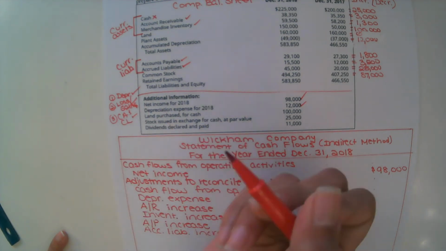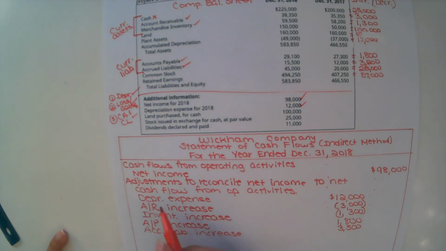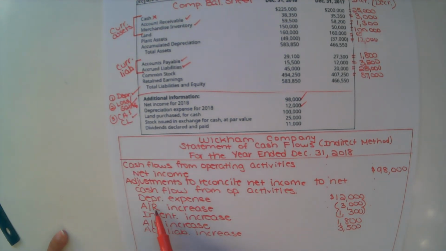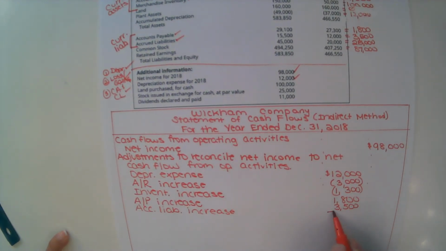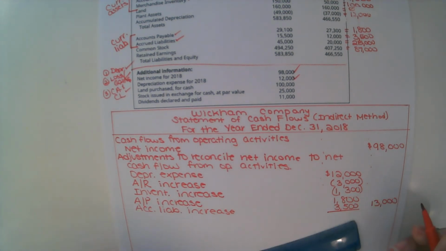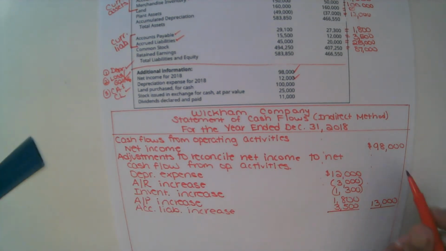Now we've completed everything in the operating section because you have 3 adjustments for the operating section. Depreciation, we said there were no gains or losses, and we just did all of our current asset and current liability changes. Go ahead and total that up. I get 13,000. Remember to add it to your net income because net income is part of the operating section.